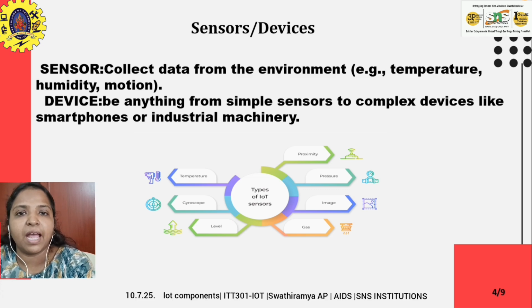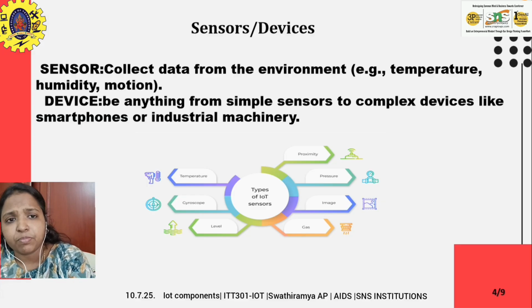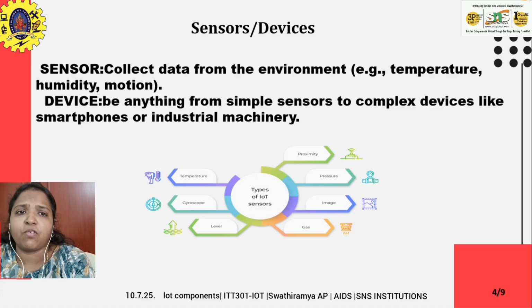And if you need the air pollution in a particular area, you need the corresponding sensors, depending on your application. So the first component of IoT is the sensors. The sensors help us collect data from the environment, and this data can be temperature, motion, moisture level, air quality, light of the place, anything, depending on the application.